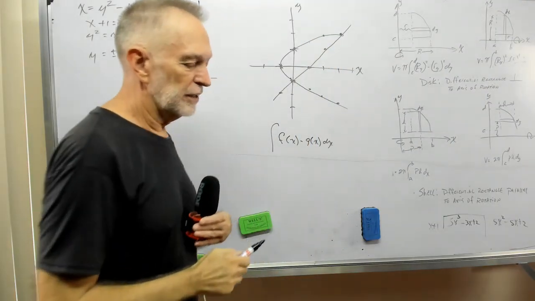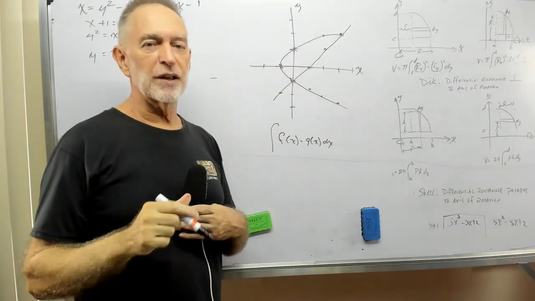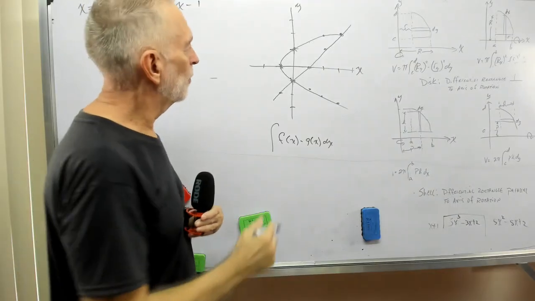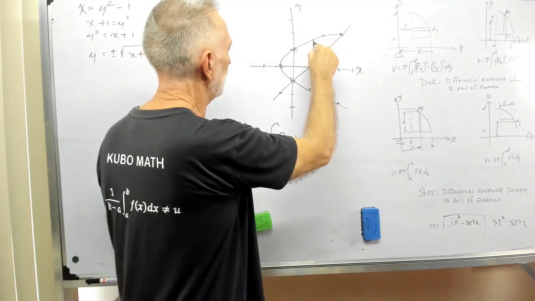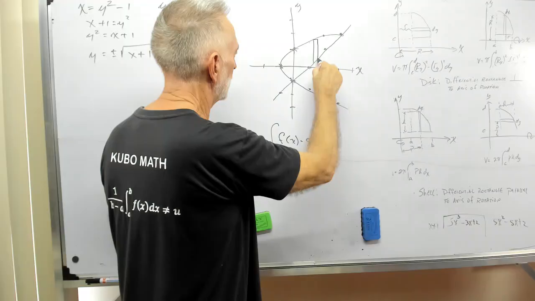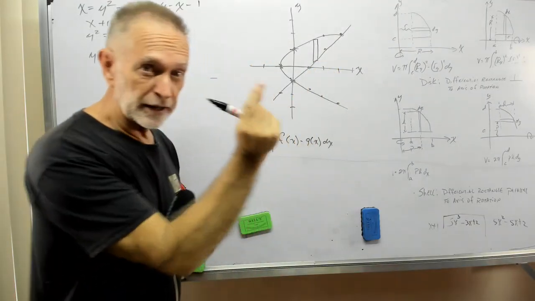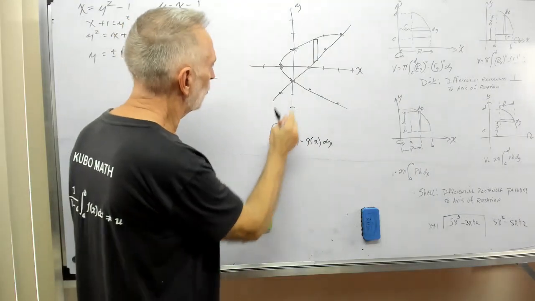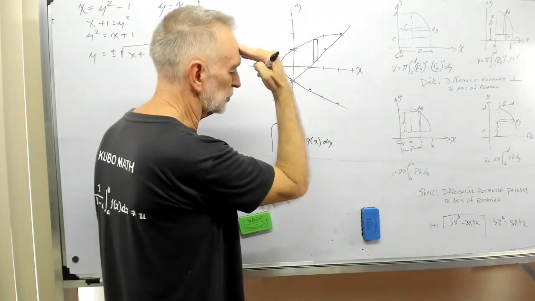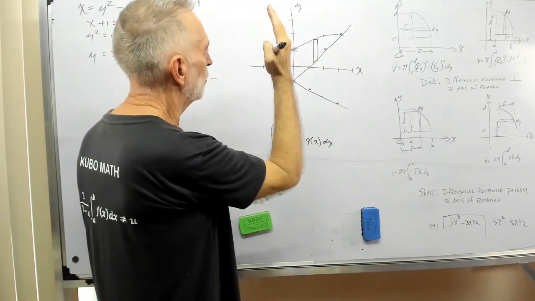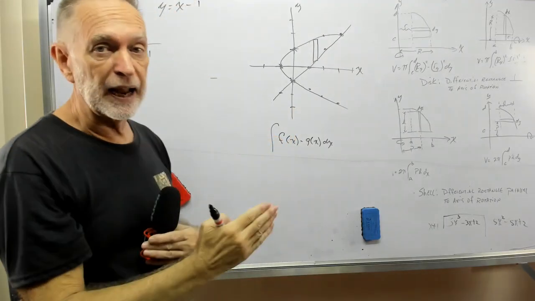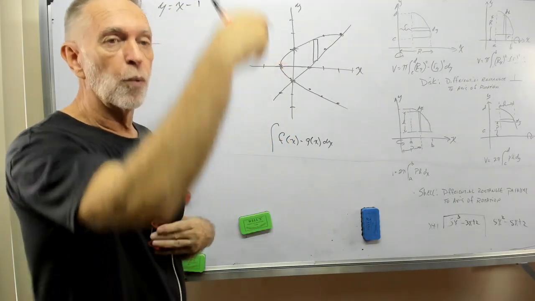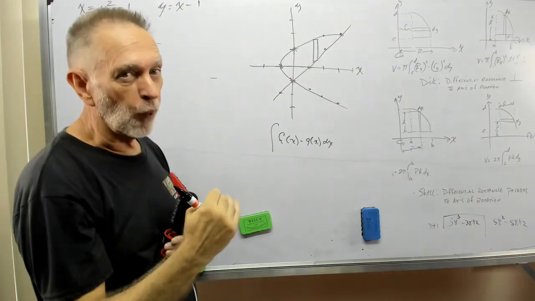I look at things in super simple form. If I drew a differential rectangle inside of that, for a given value of x, this is what goes through my mind. For a given value of x, what are the y high and y low?